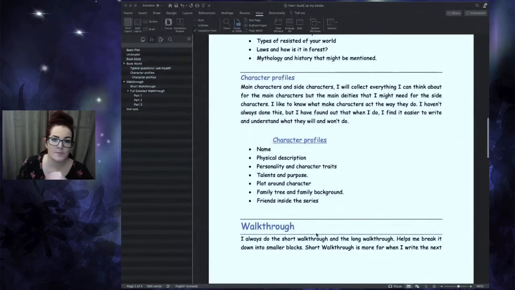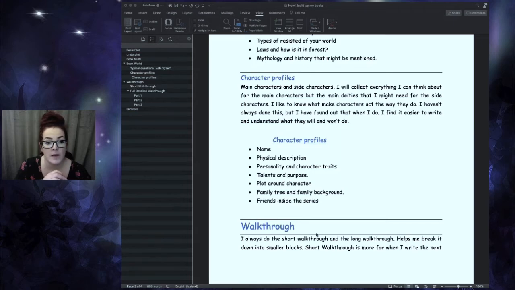Next point: when my world is iron tight and everything's perfect, I actually might do this before the world building. It depends on what's important at the moment. Character profiles. I make intense character profiles. I will always start with the main characters and go as deep as I can.